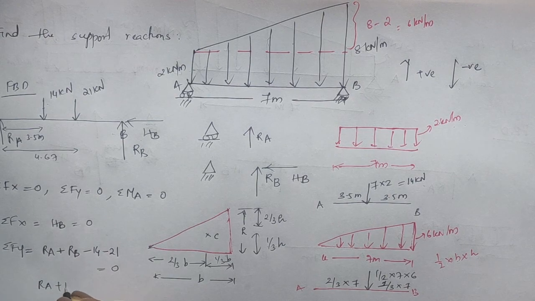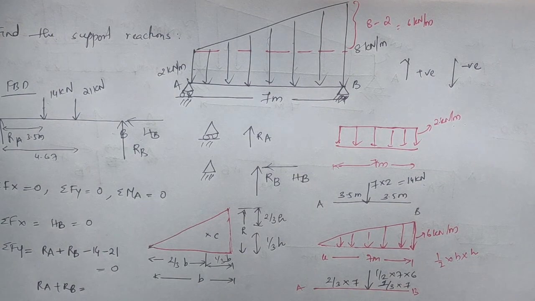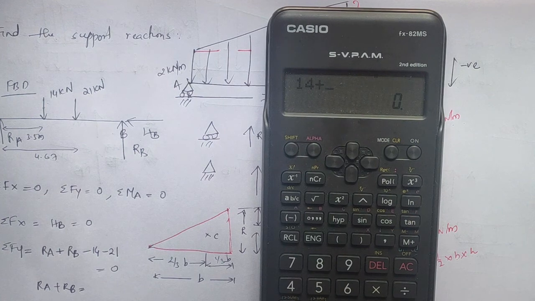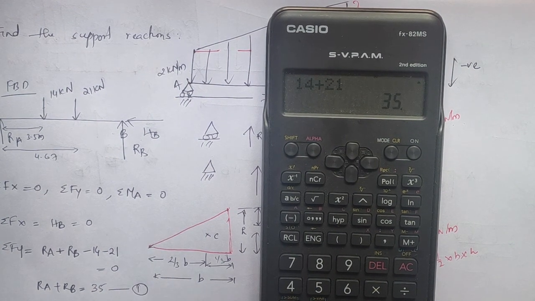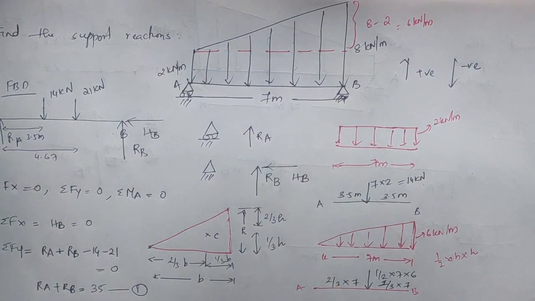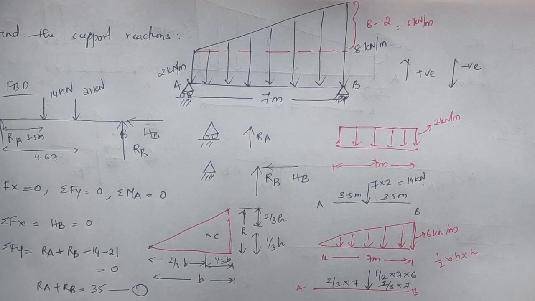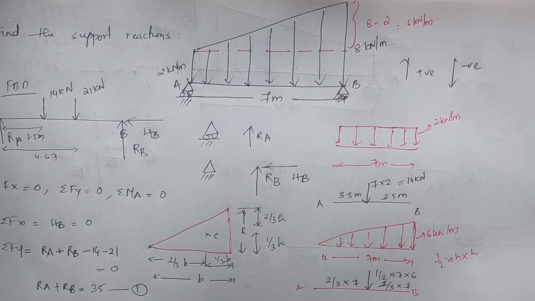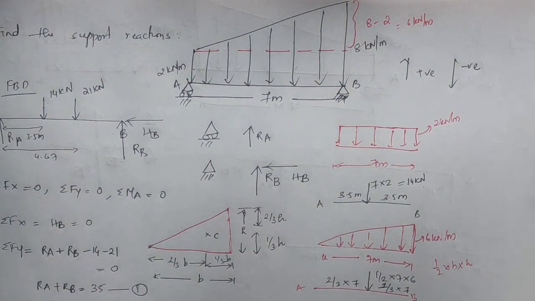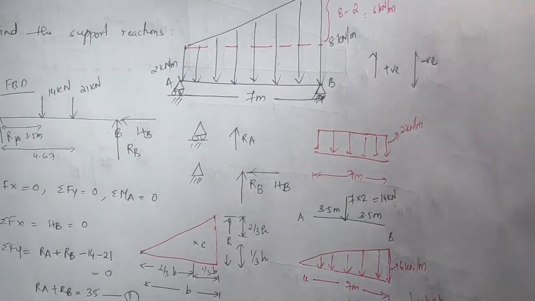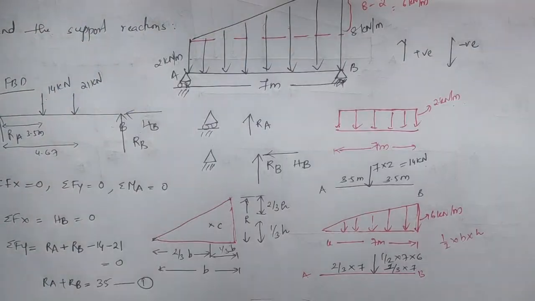So you get the answer: RA plus RB is equal to 14 plus 21, that is 35. That you mark as equation number 1. So I hope that part is clear. Now the next part is we have to find the moment of this particular beam.